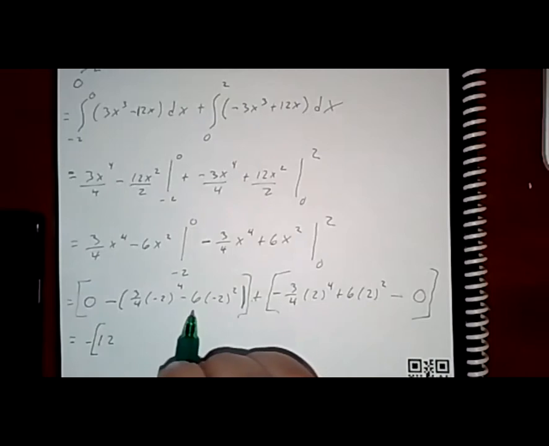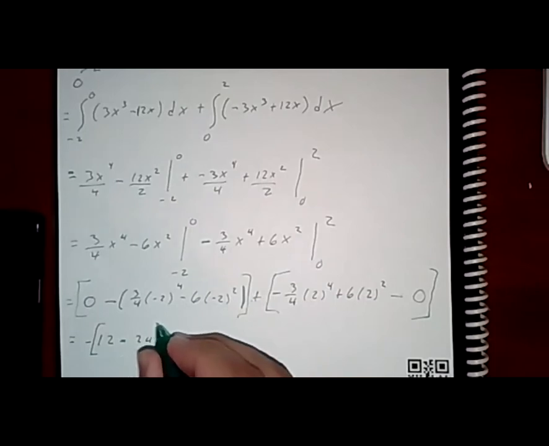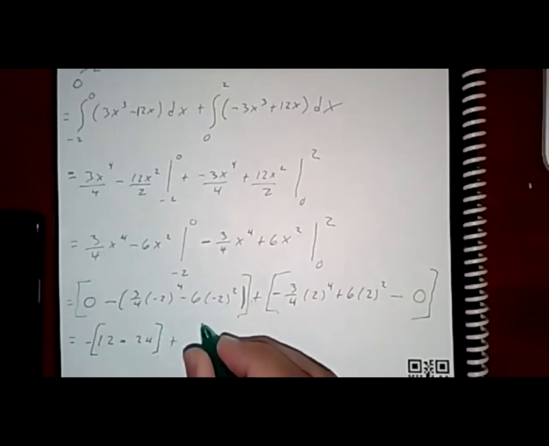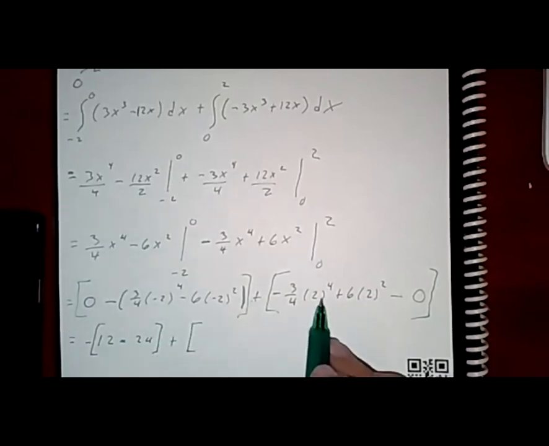This negative. -2 squared is 4. 4 times -6, that is a -24. 2 squared is the same thing I did earlier, except there's a positive, but it's an even power, so who cares? So that should be -12 plus 24.